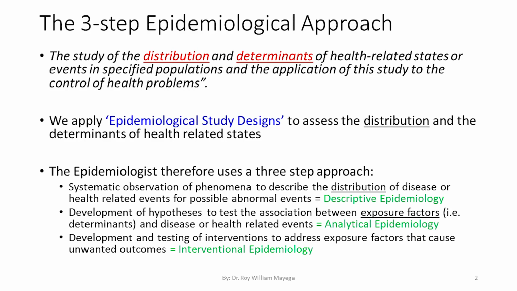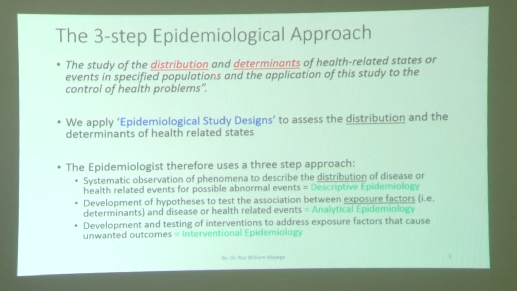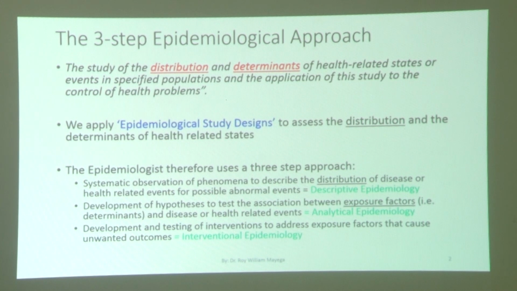Epidemiology is defined as the study of the distribution and determinants of health-related states or events, that is either disease or positive health events or a broad range of health-related events, in a specified population and the application of this study to the control of health problems.